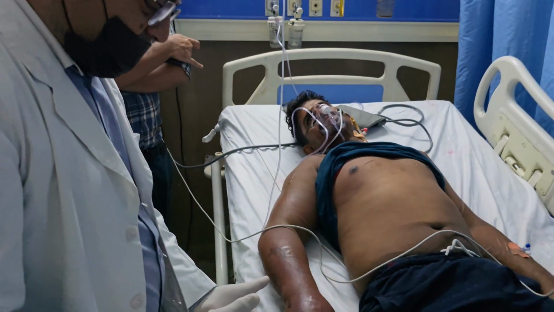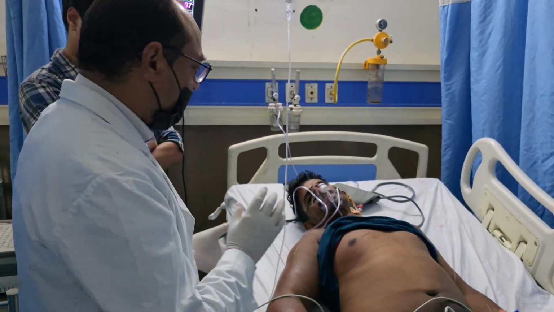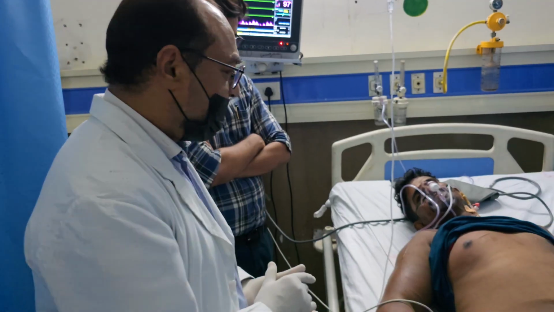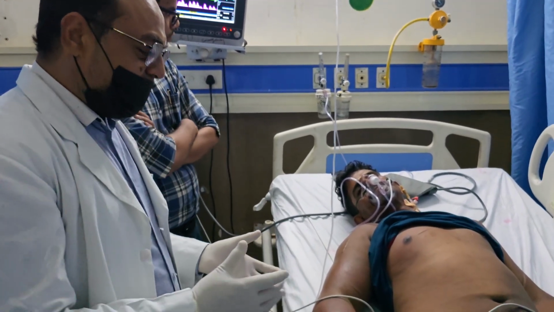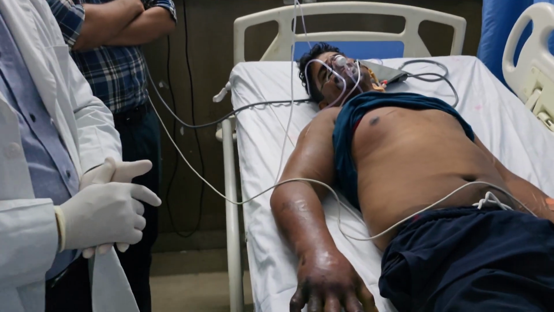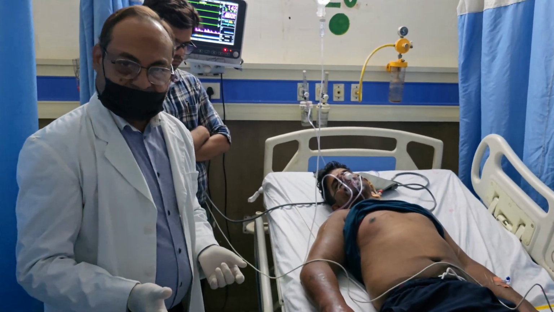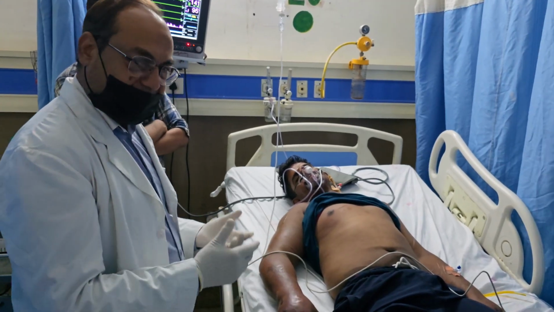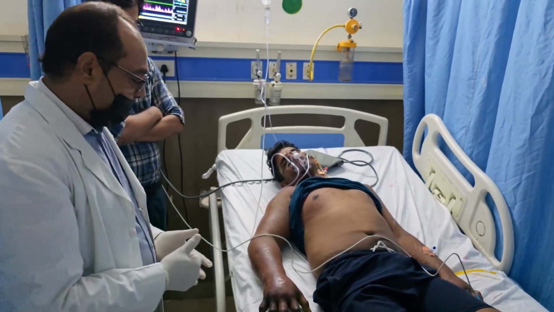So he is unable to close his hands, and the patient is looking sick, and he is toxic. He's got some respiratory difficulty. So this type of pathology, initially you would say it is a cellulitis, because there is swelling, there is tenderness, there is pain, and there is blackening.